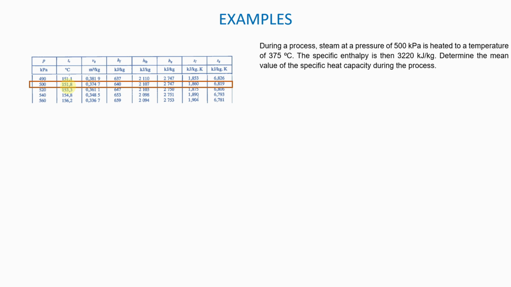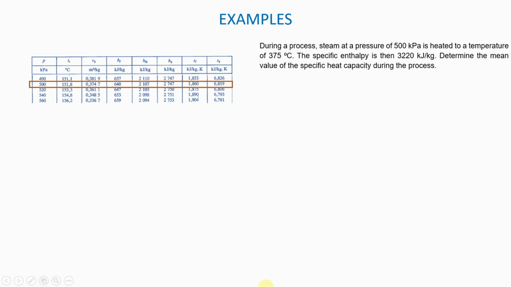That is the boiling temperature for when the pressure of the steam is 500 kilopascals. But here, this steam is at 375. So you can see that the temperature of the steam is much greater than the saturation or boiling point temperature. So this steam here is superheated, okay?